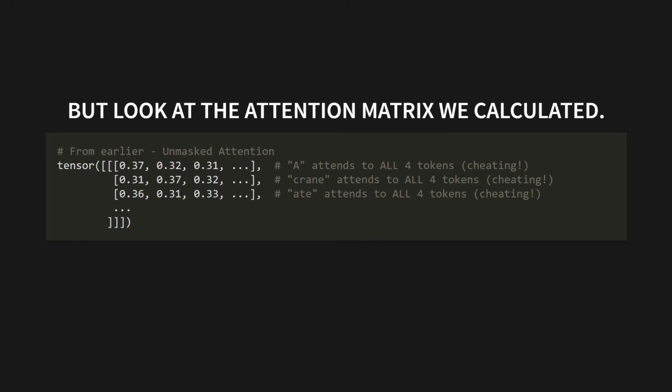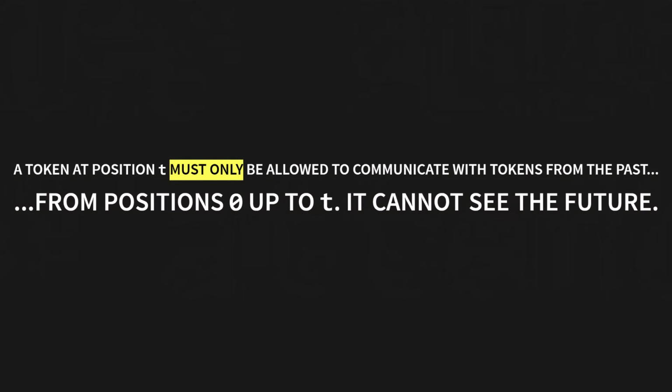The first row for "a" is attending to all 4 tokens. That's cheating. The second row for "crane" also attends to all 4 tokens. This is a huge problem. A token at position T must only be allowed to communicate with tokens from the past, from positions 0 up to T. It cannot see the future.